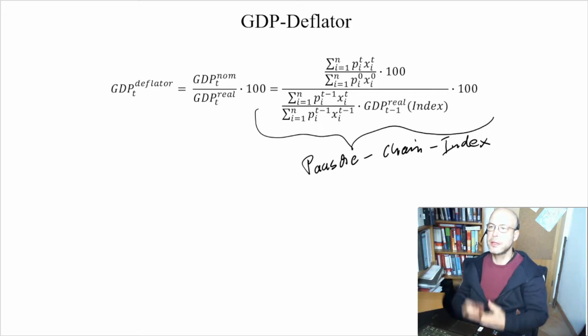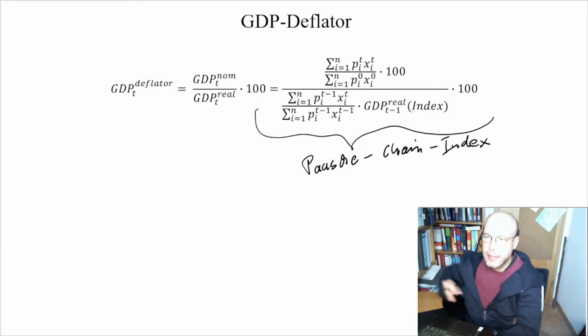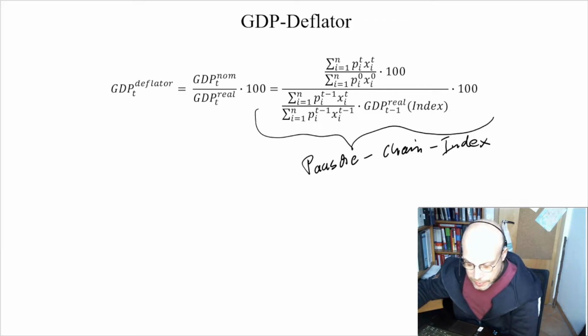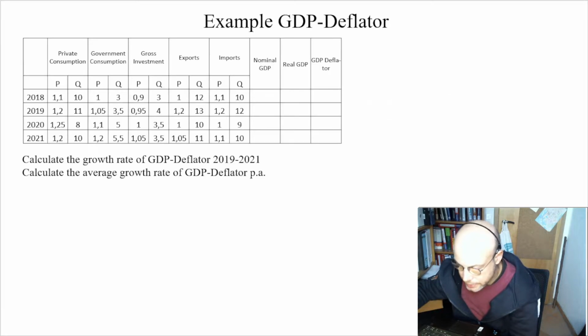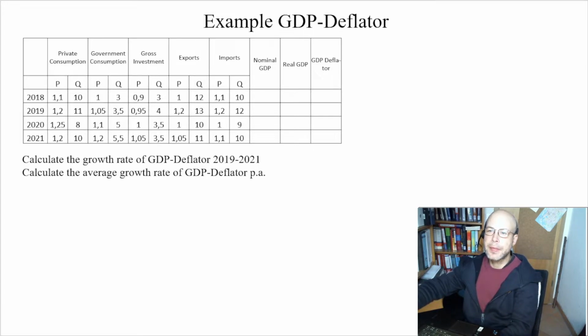Okay, well, all this seems to be quite theoretical, and to give you a practical example, we go to the next slide, and within this slide we want to calculate the growth rate of the GDP deflator, and since we have here 4 years at least we also want to calculate the average growth rate, so the average price movement over the last 4 years.